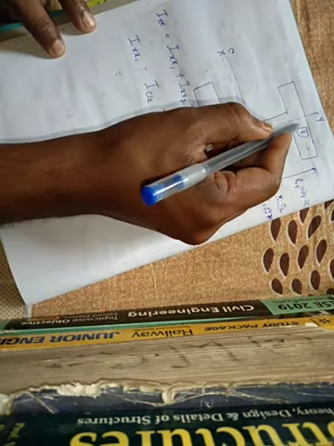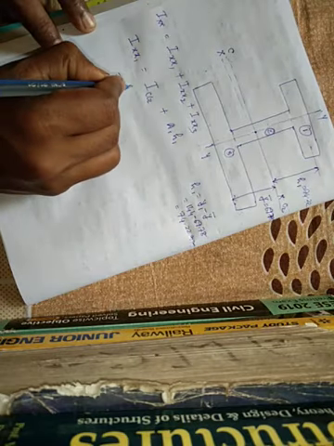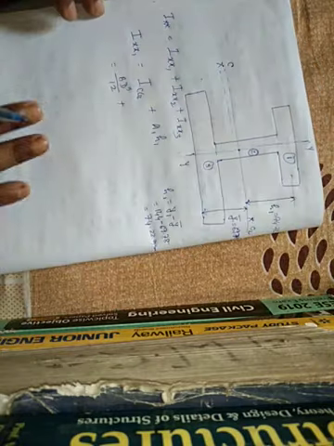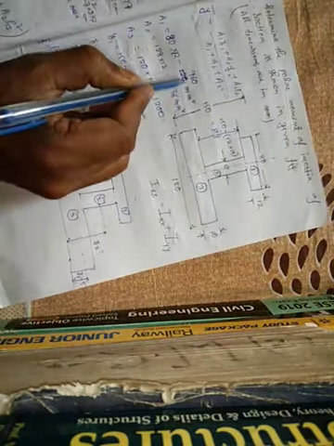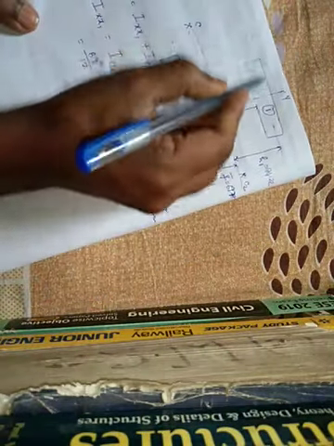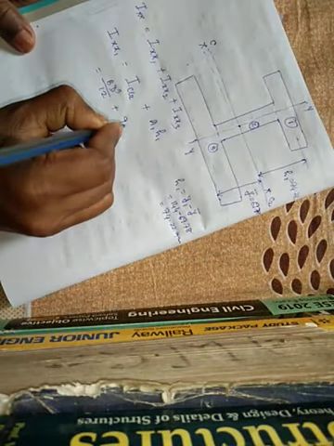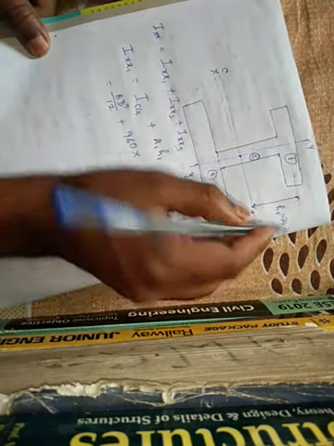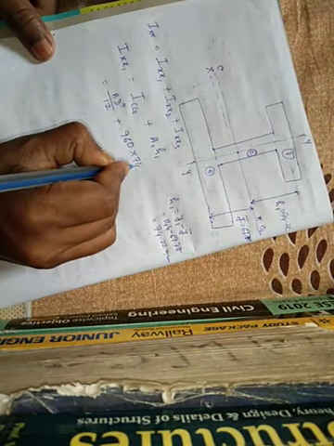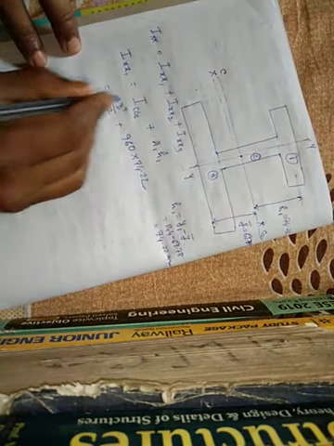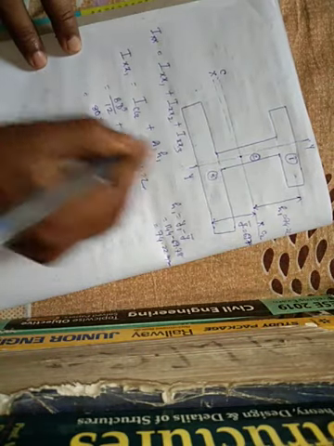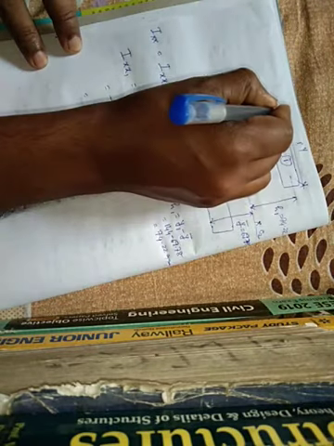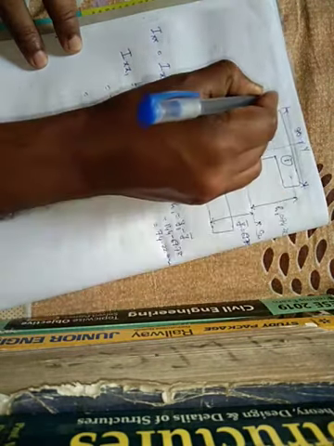Moment of inertia of a rectangle section about CG is b d cube divided by 12 plus area of section 1, which is 960, into H1 equal to 74.22. B is equal to 80 and d is equal to 12. This is the 80 and this is 12.